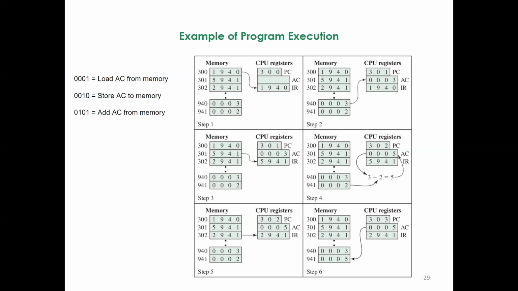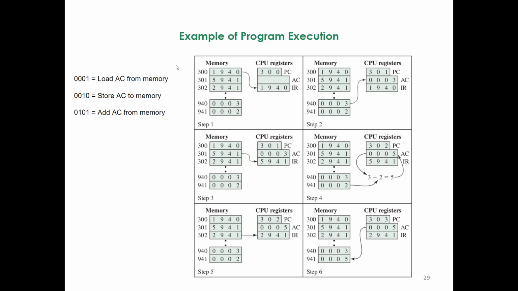And it says it's a load instruction. So load a value from memory and store it inside the accumulator. Which means the 1 is the opcode. The remaining 12 bits are the address bits. So 940 is the address where we need to read from memory.